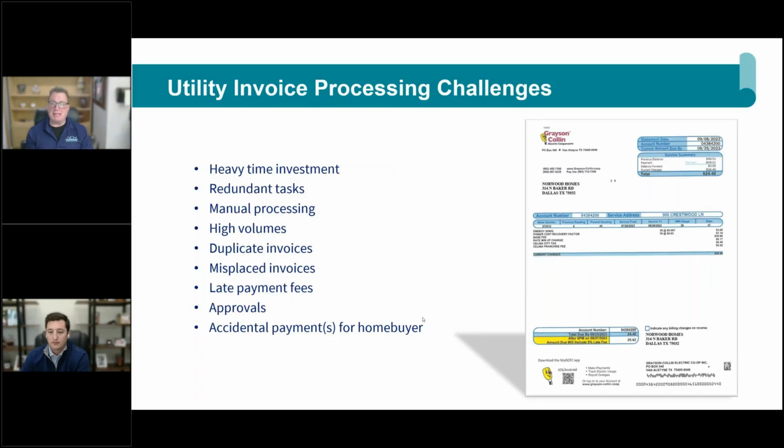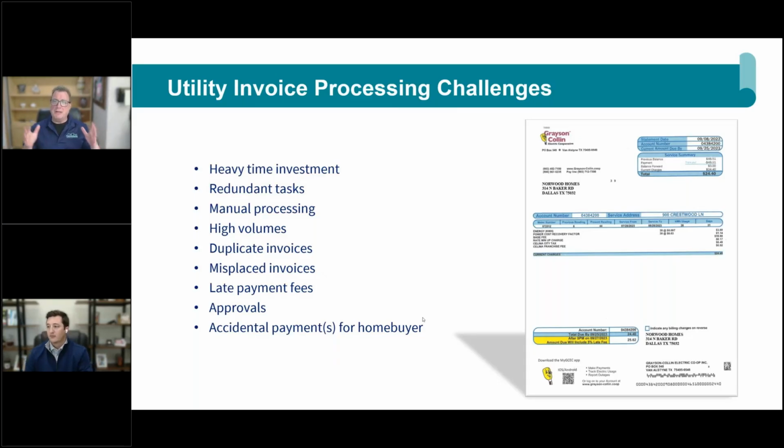Things like duplicate invoices. We've seen all kinds of unique, quirky realities from a utility billing perspective. They're not shy about sending duplicate invoices. In some cases, we even see the initial invoice has late fees on it, and also they can be lost or not provided, and all of that in a context where timelines are very important, right?